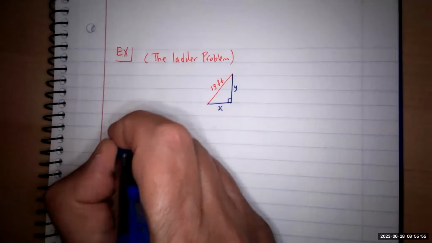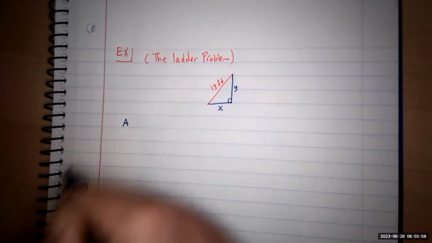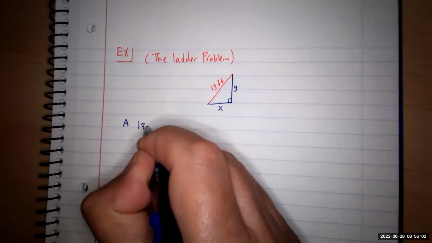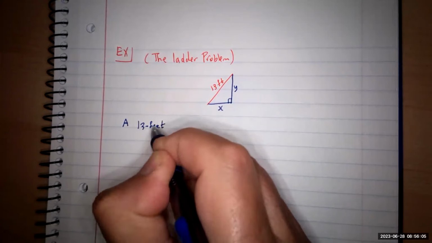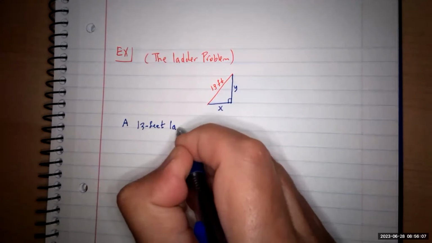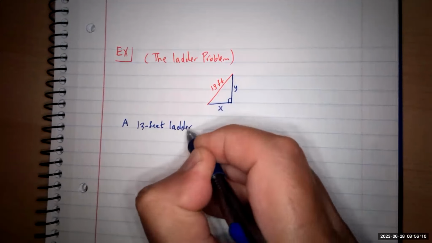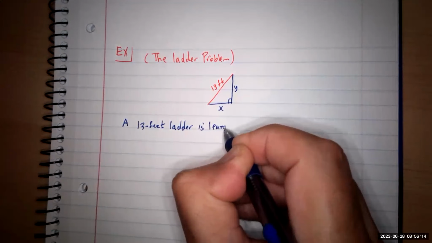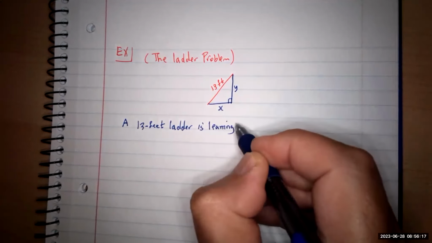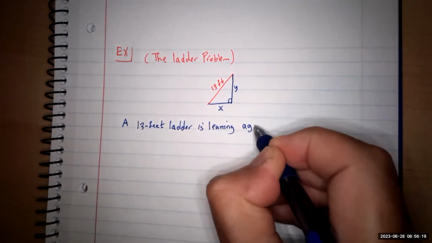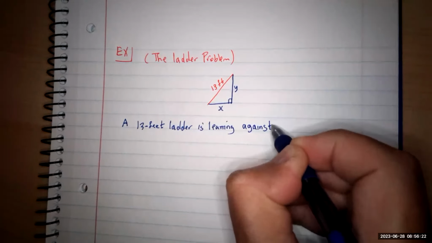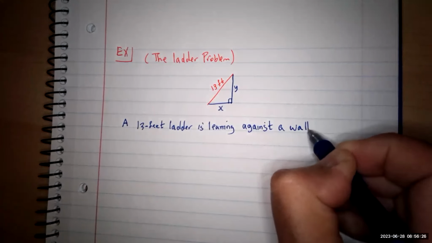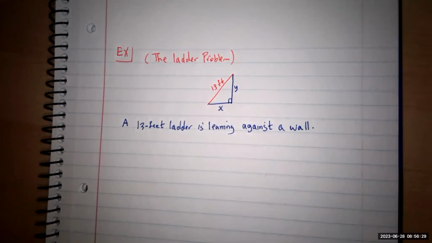Okay, this is it. So you have three in your book of this type. A 13 foot ladder. They always give you the length of the ladder. Is leaning against the wall, as I identify it.